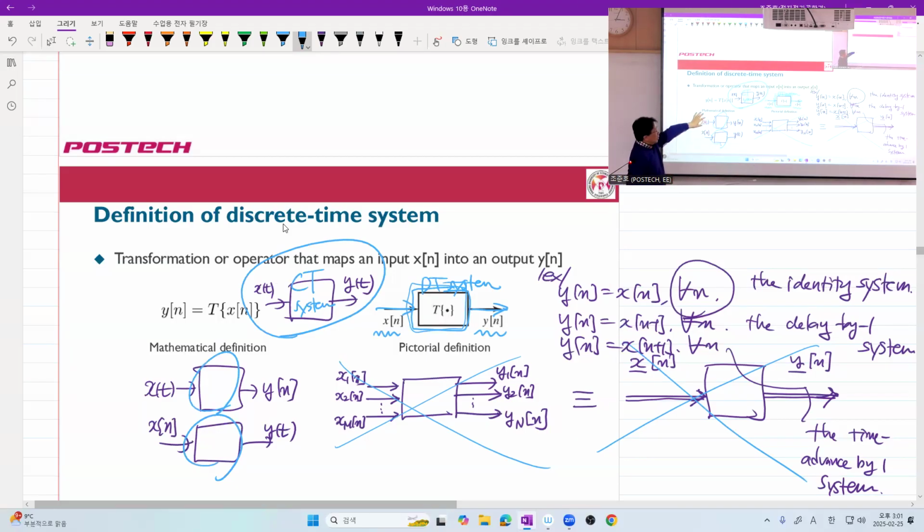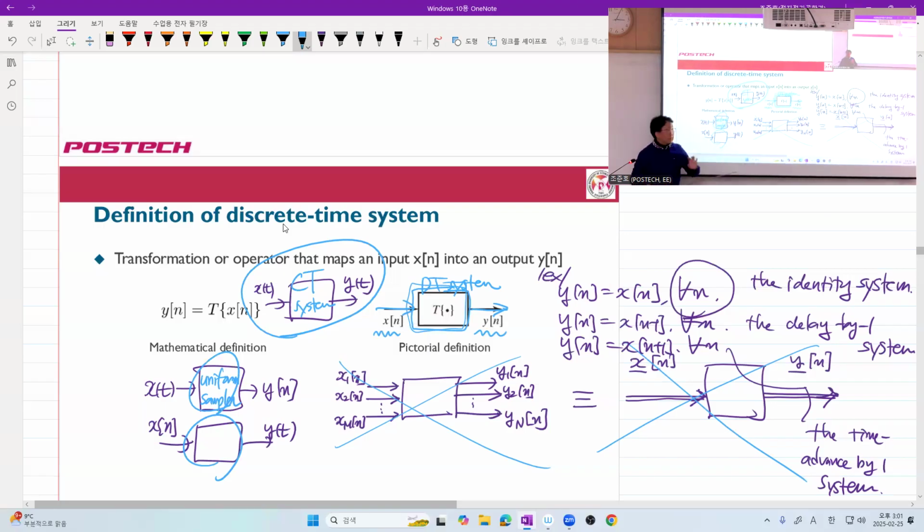But we study in this course two specific systems like this, called uniform sampling. Okay? So in this course, we will study a special continuous time in, discrete time output system called uniform sampling.